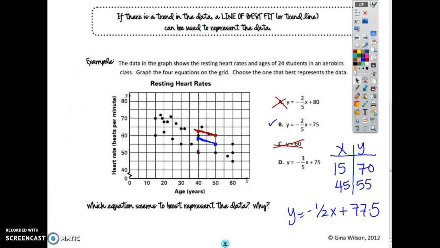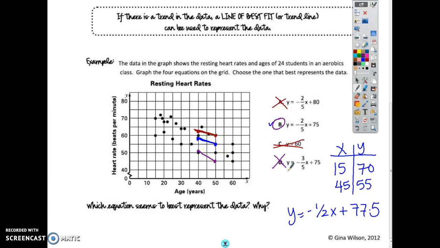And 50, 45. So which line is better? The blue line, right? This one goes through the correlation. This one's too low. This one's too high. So the answer would be B.